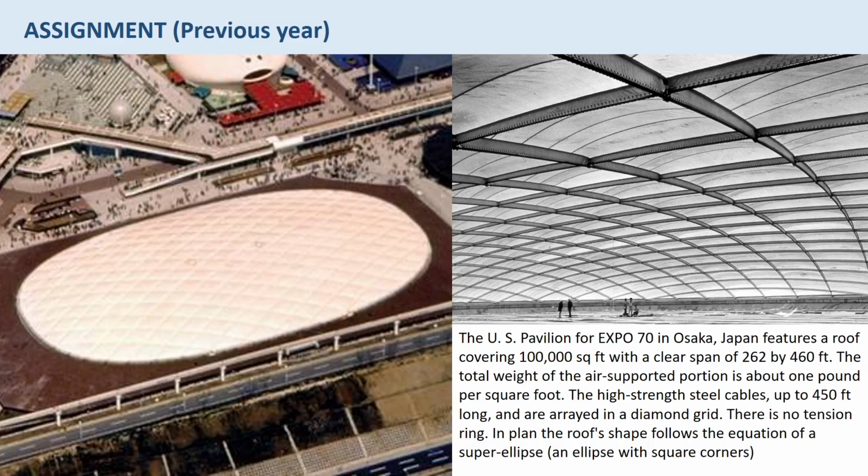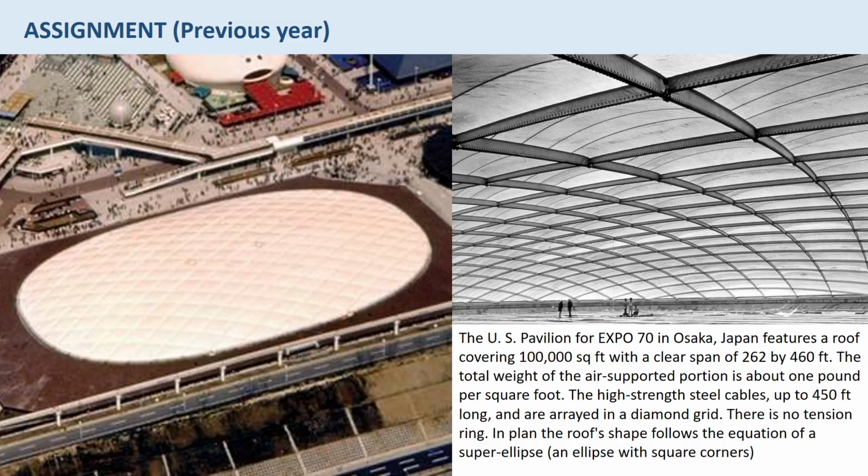Waffle slabs are preferred for spans greater than 12 meters as they are much stronger than flat slabs with drop panels, two-way slabs, one-way slabs or one-way joist slabs. So coffer slabs or waffle slabs are much stronger than these other slabs like flat slabs, two-way slabs and one-way slabs, and they are thus preferred for spans greater than 12 meters.